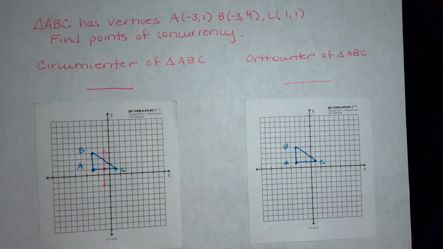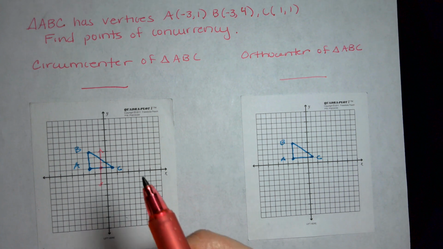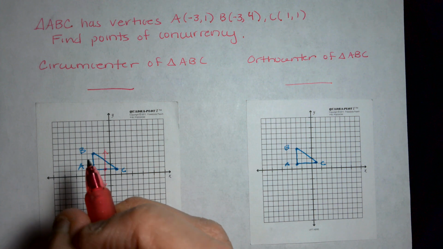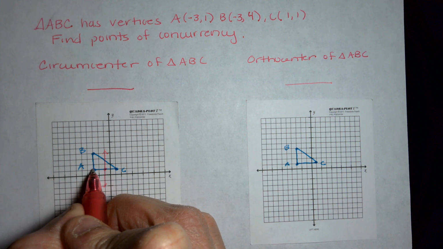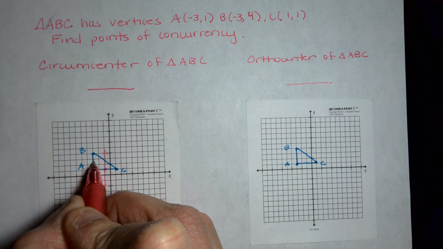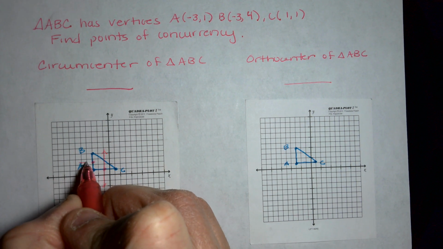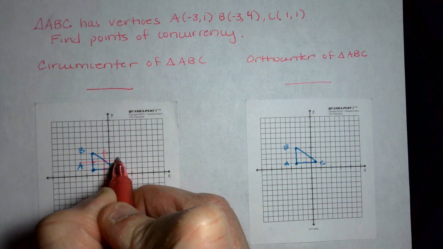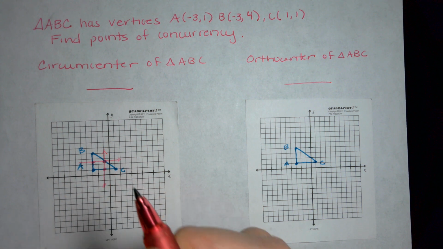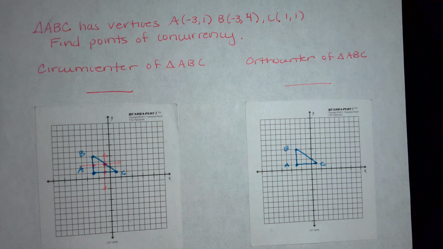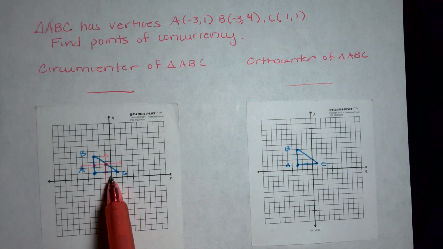Drawing straight lines doesn't come easy. Then we find the perpendicular bisector of this side. This one is 1, 2, 3 apart, so you're in the middle here, and it goes straight across. Look where that lands. Voila. What point is that? That is negative 1, 2.5.